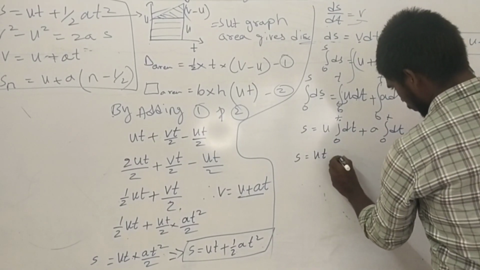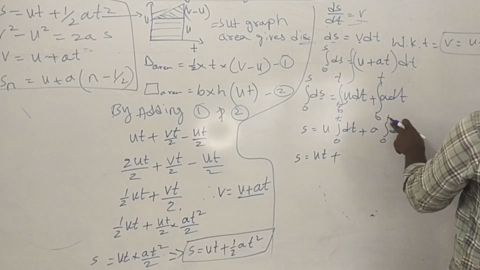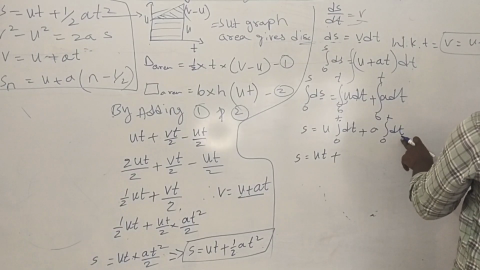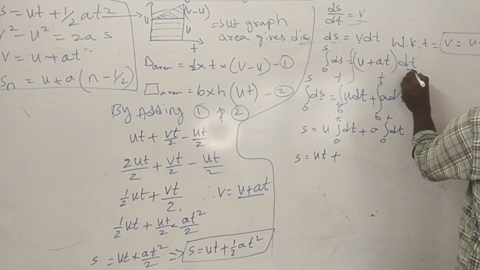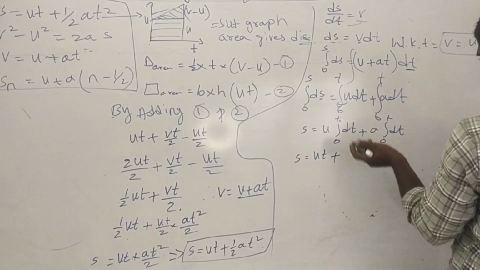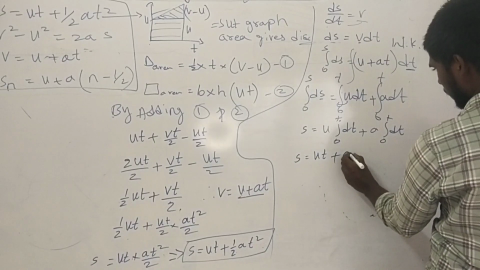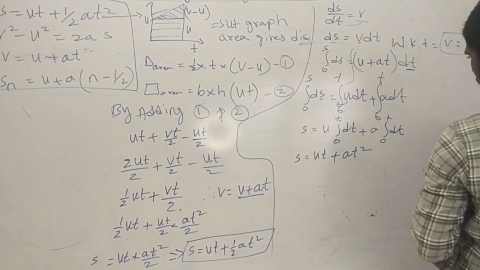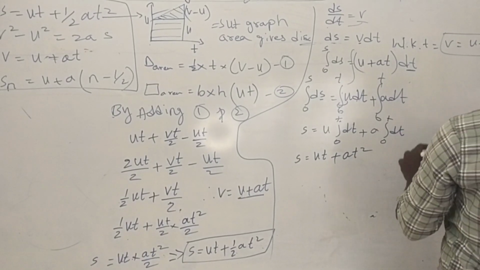S is equal to ut plus a, with upper limit t, and we have to do this within the integral. So t square will come, a t square by 2.